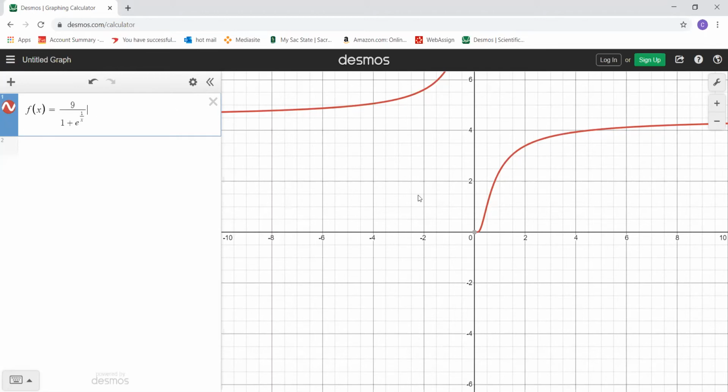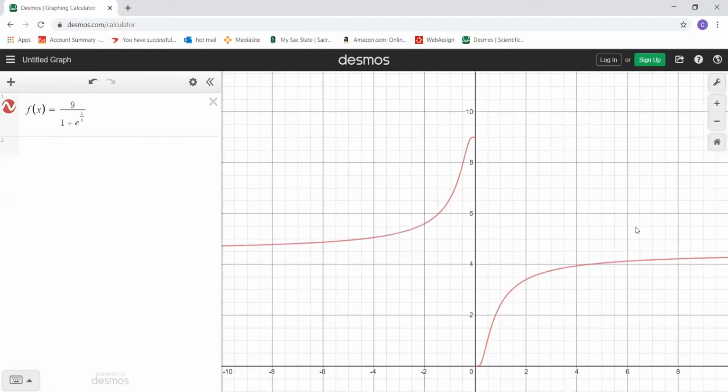So here's our graph, 9 over 1 plus e to the 1 over x. And we're approaching 0. So as we go to 0, let's go from the right. The limit is 0. Now let's see what happens as we approach from the left. Oh, cool. So as our function comes over to 0 on the left side, the outputs are going to a limit of 9.